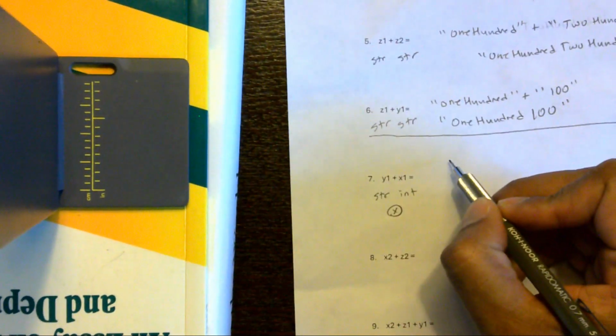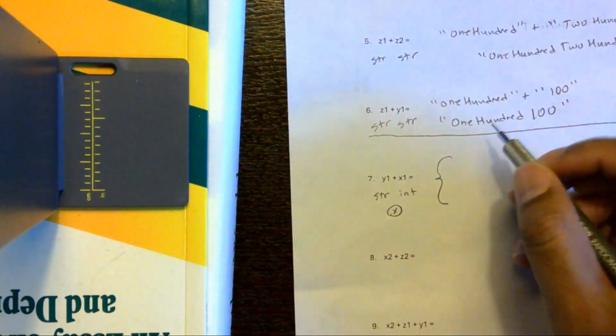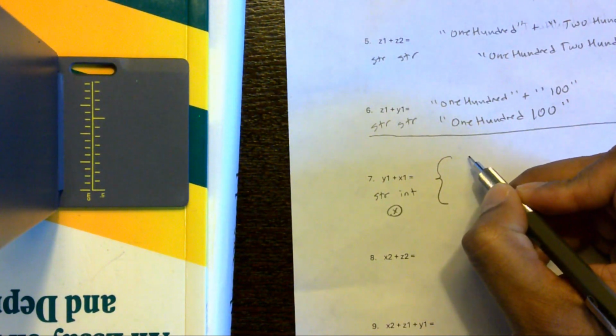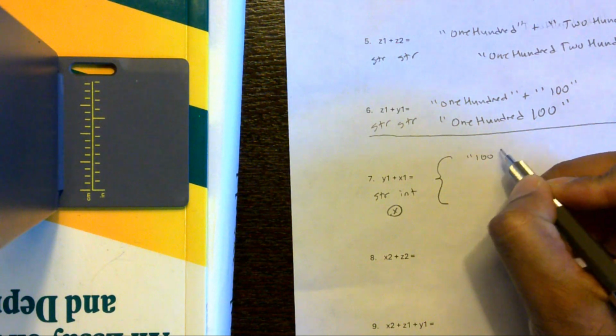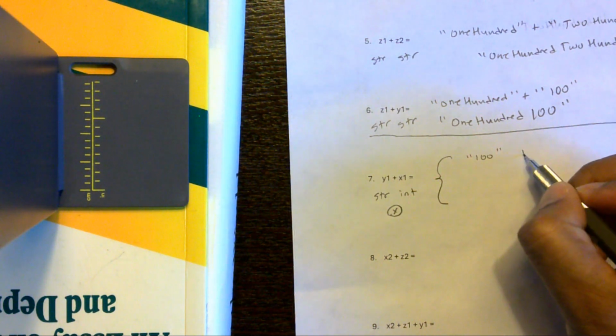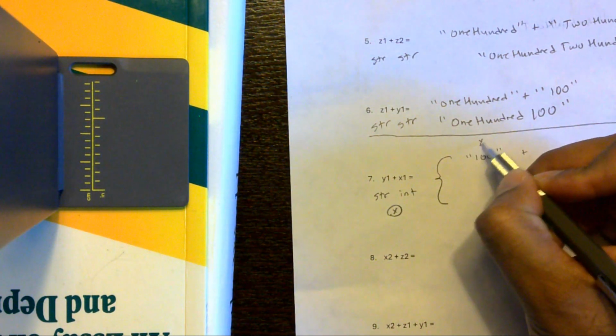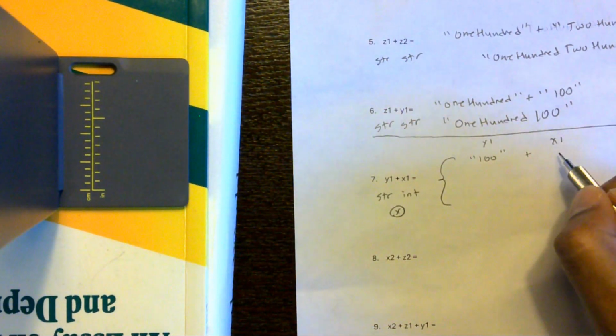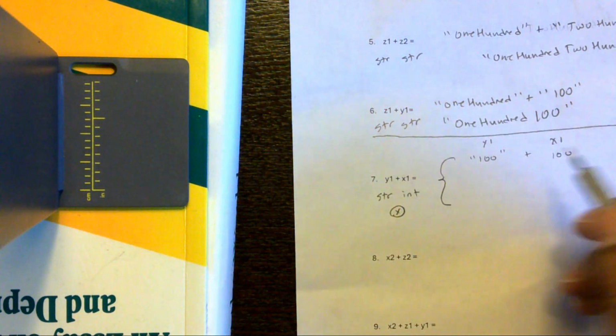Okay, so how do you fix this error? This is what we're looking for. You have your y1, which is 100, and then your x1 is, obviously, this is y1, and x2, which is x1 here, which is your 100 here. So how does that work? This is string.